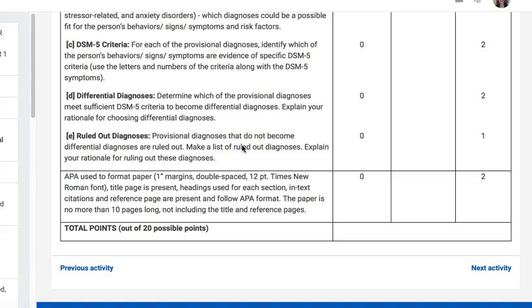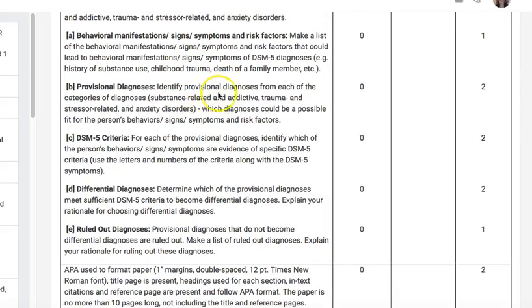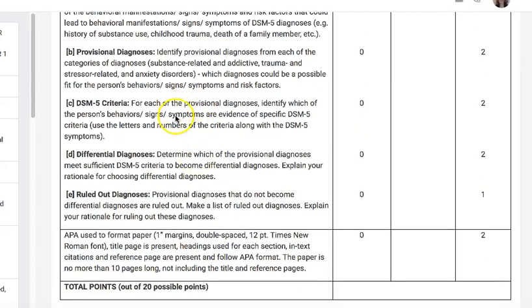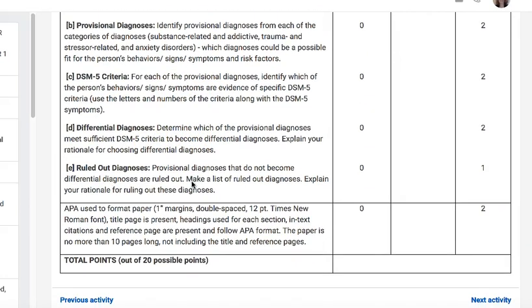Now, the provisional diagnoses, so say you start out with 5 or 6 provisional diagnoses, you narrow them down to 2 or 3 here, you then have 1 or 2 differential diagnoses. In the process, you've eliminated some diagnoses, and that's this list, the list of ruled out diagnoses. And then you're going to explain your rationale for why you ruled out these diagnoses.